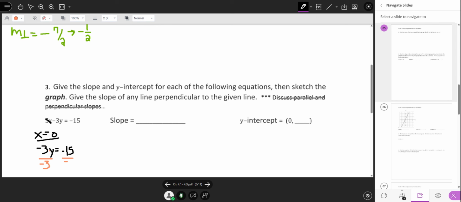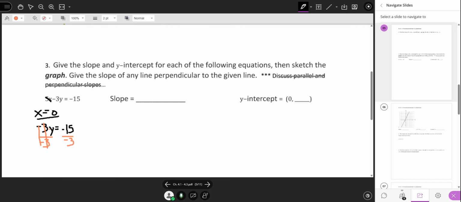I have this habit that I think ahead, and so I'm trying to get to my answer, and I knew I had to divide. Yeah, I do that stuff a lot. Negative divided by negative, 15 divided by 3 is 5. So my y-intercept is 5.